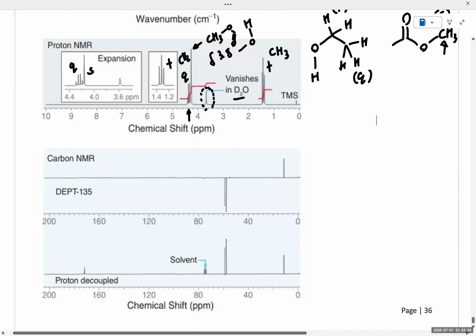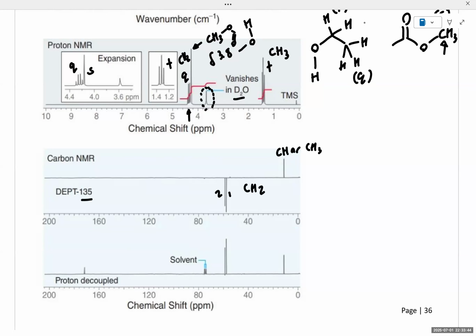So in this case, looking at the DEPT 135 spectra, we have a CH or a CH3 group, and we have 1, 2 CH2 groups. In the proton decoupled spectra, we have a single carbonyl group.